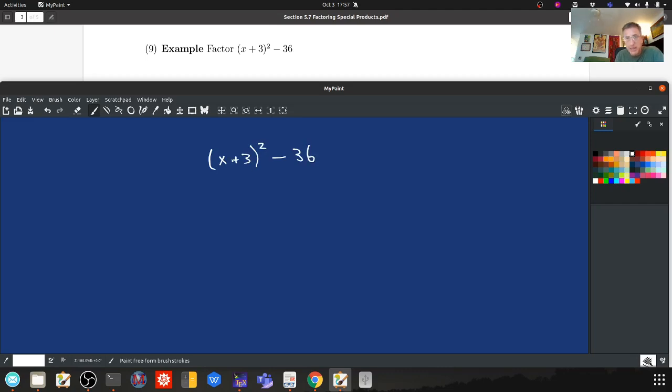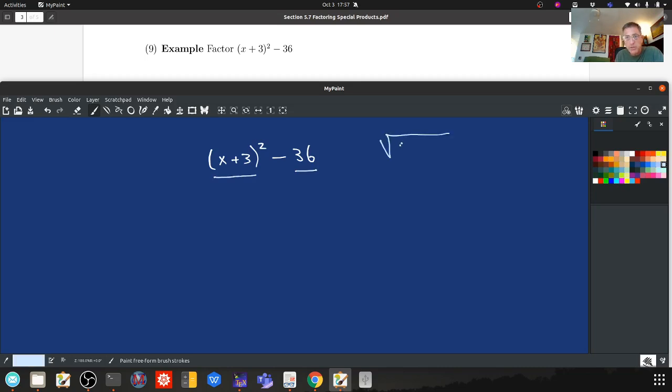They will expand x plus 3 squared minus 36 into x squared plus 6x plus 9 minus 36, and they will simplify and they won't get anywhere. All you have to remember is literally this is something squared minus something else squared.